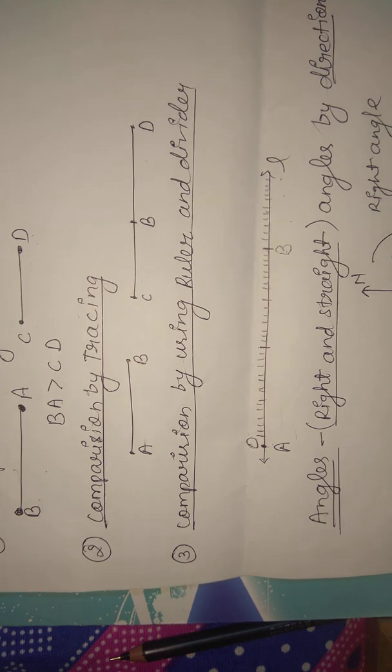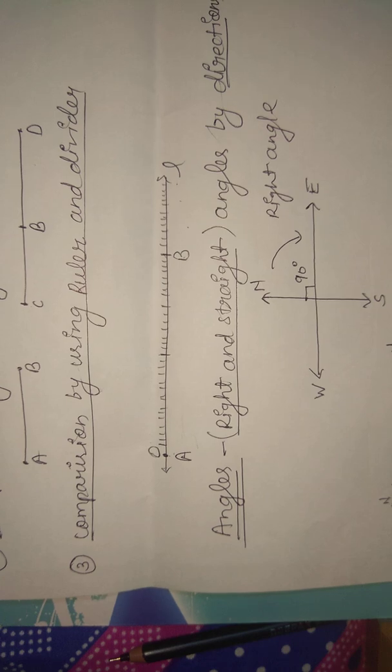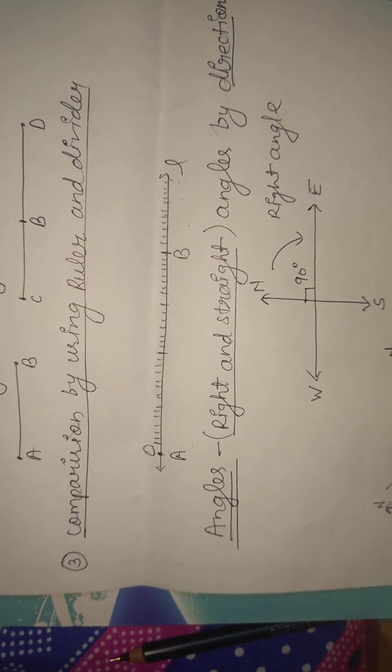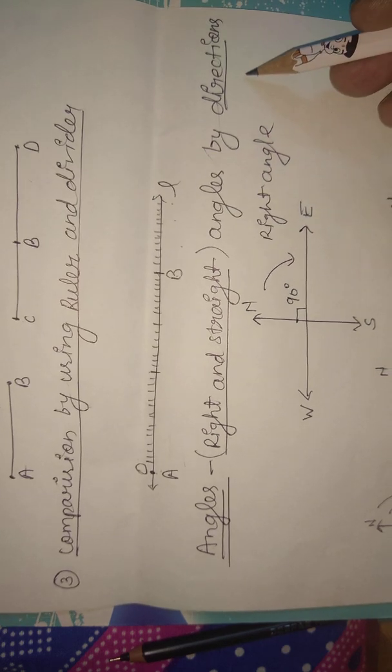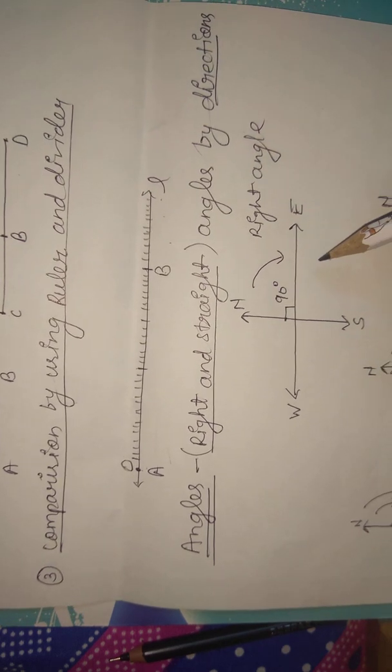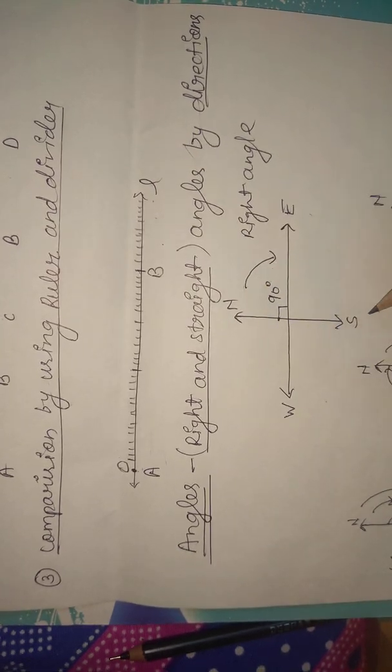Now we will study angles. Here we are going to discuss two angles, right angle and straight angle, with the help of directions. As we know, there are four directions: east, west, north, south.